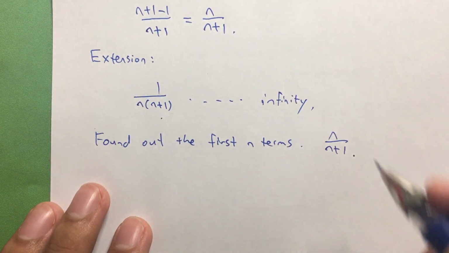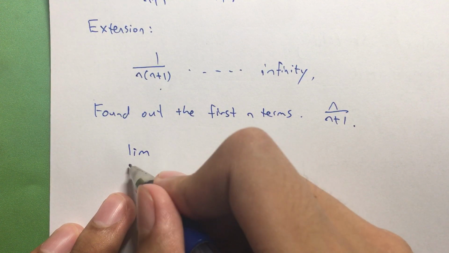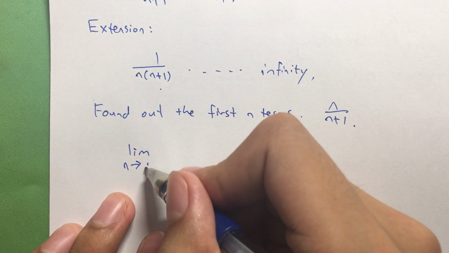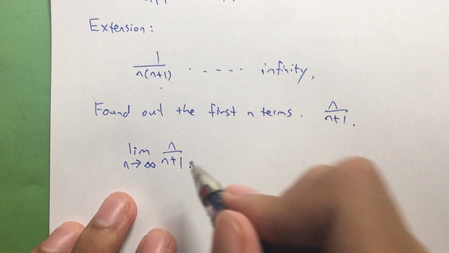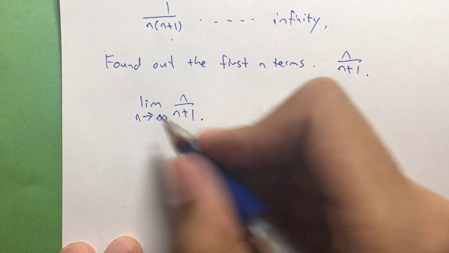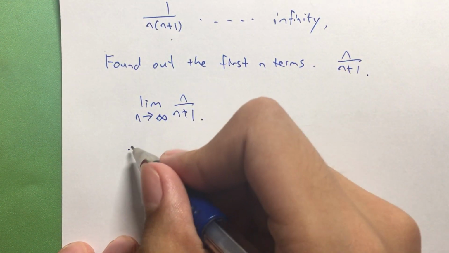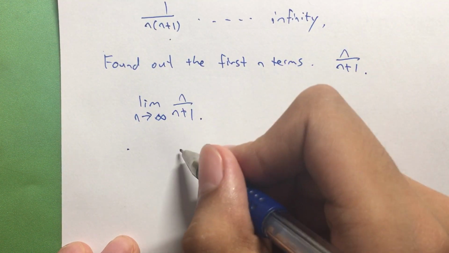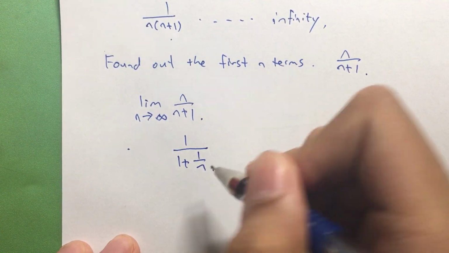And if we want to find the sum to infinity, we can just take the limit as n goes to infinity of n over n plus 1. And for this, let's divide both the denominator and numerator by n, so we get 1 over 1 plus 1 over n.